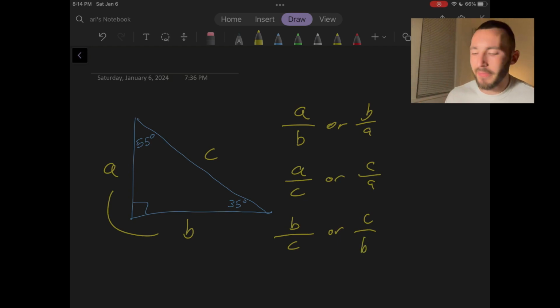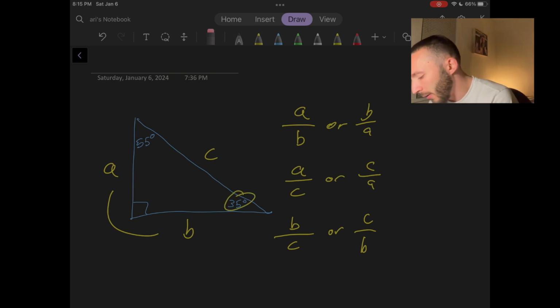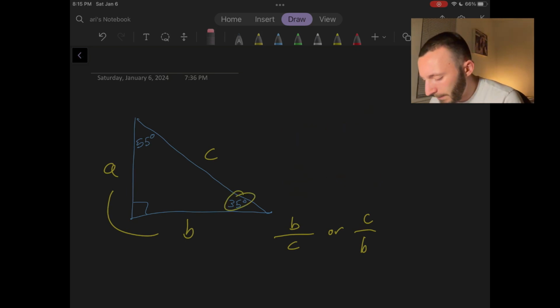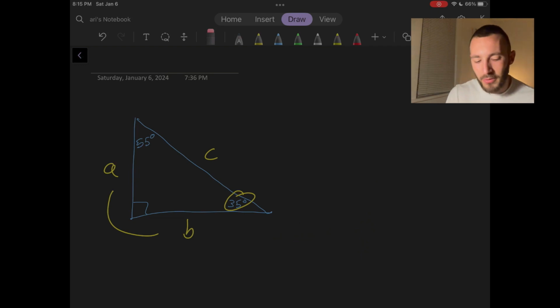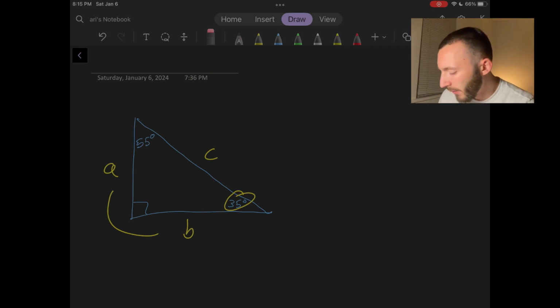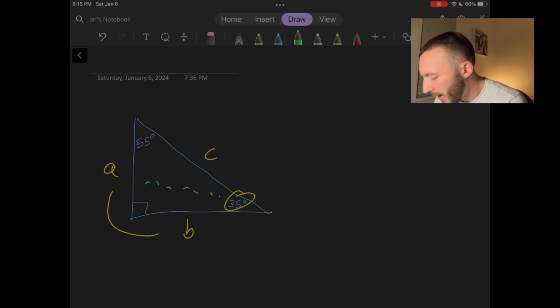The way I want to look at this is just from the perspective of one of the angles. I think this is going to simplify the concepts for us, and it's going to allow us to make sense of trigonometry pretty quickly. So let's imagine we are the 35-degree angle right over here. So the 35-degree angle is looking across at A. So you could say A is opposite.